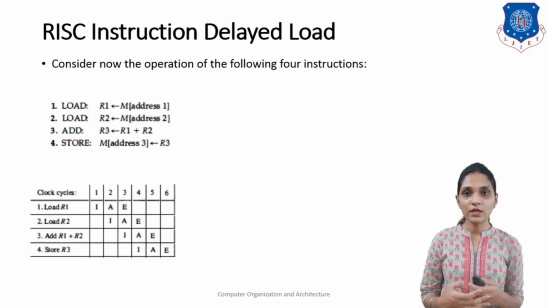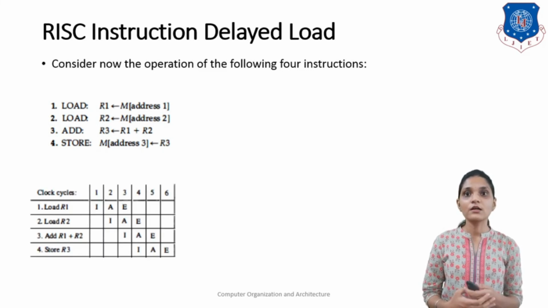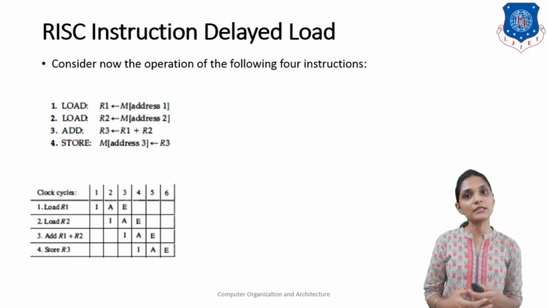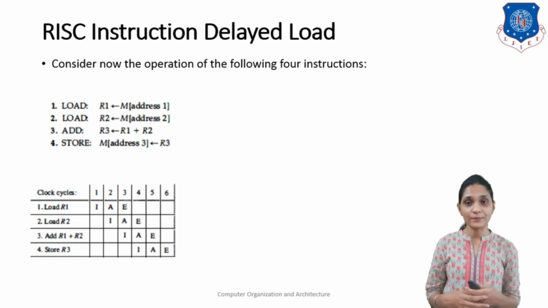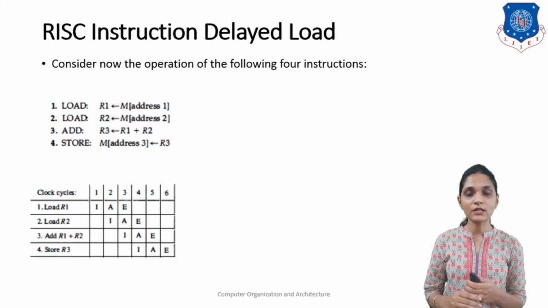In this we can use the pipelining concept like this. Here I represents instruction fetch, A represents ALU task, and E represents your execution task. At first clock, your first instruction is fetched. At second clock, first instruction is in ALU operation and second instruction is fetched.